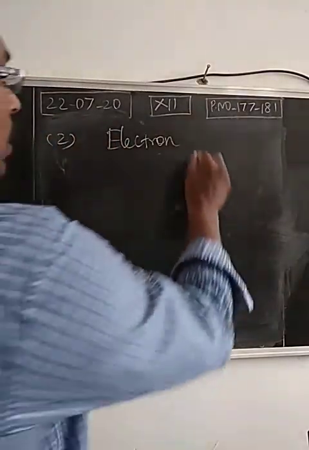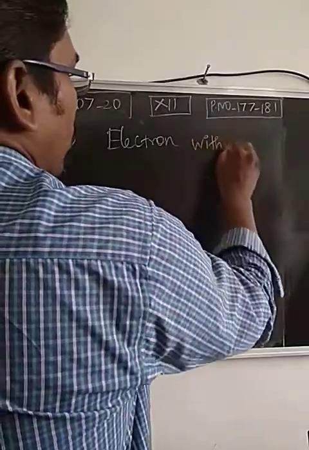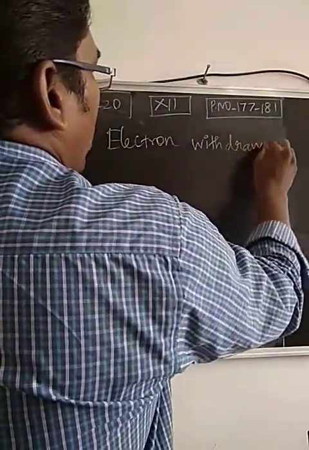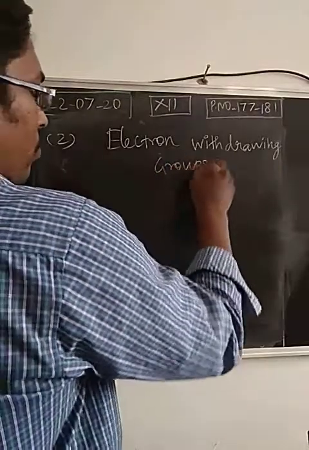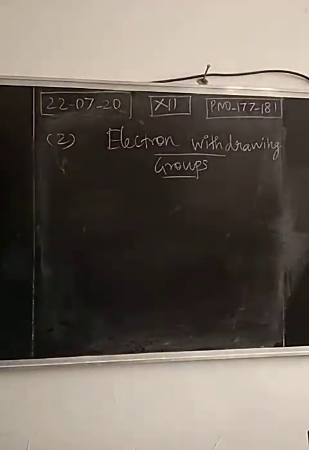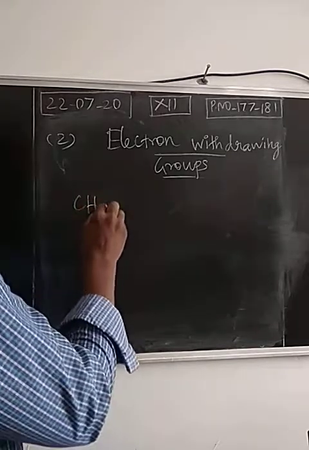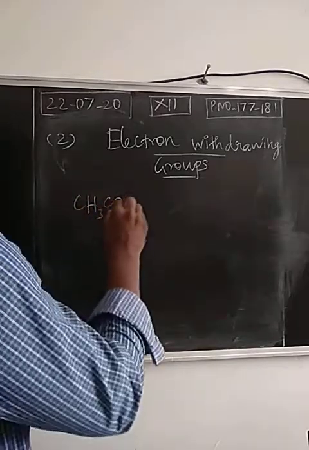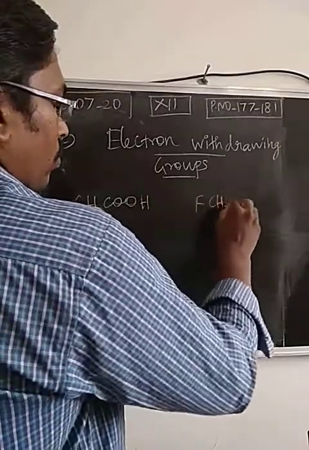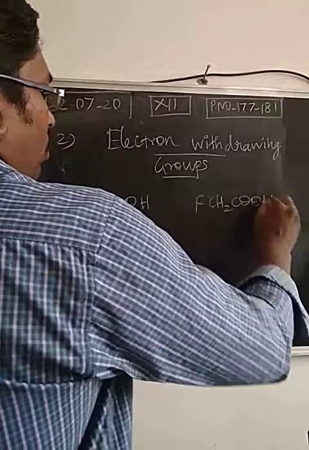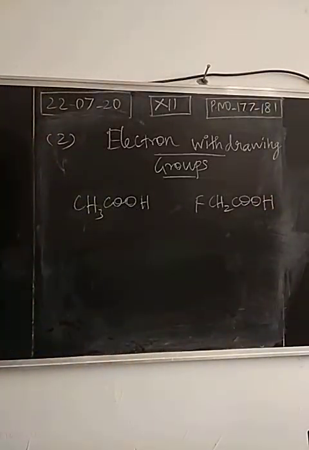Next one, electron withdrawing groups. If an electron withdrawing group is present in the compound, what happens to the acidic nature?